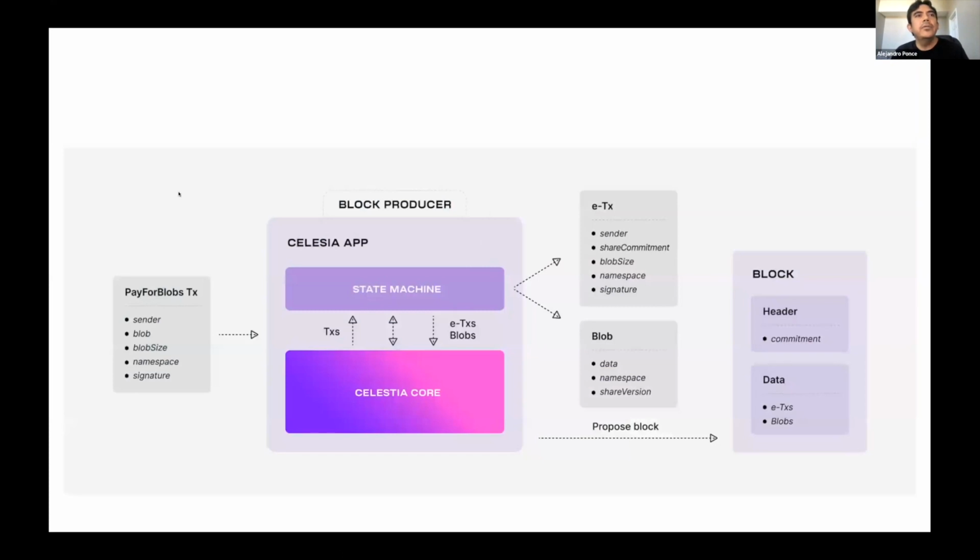What's important to understand is the way that light nodes do verification is they download it. So, okay, let's back up. They use a version of Tendermint as their consensus layer.